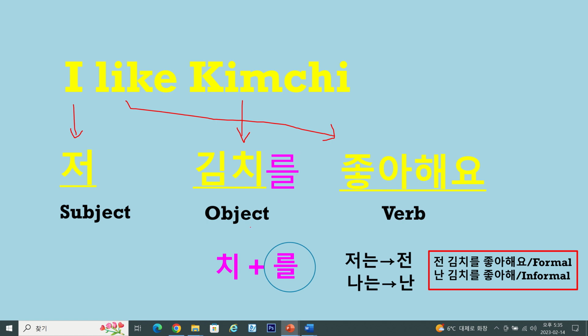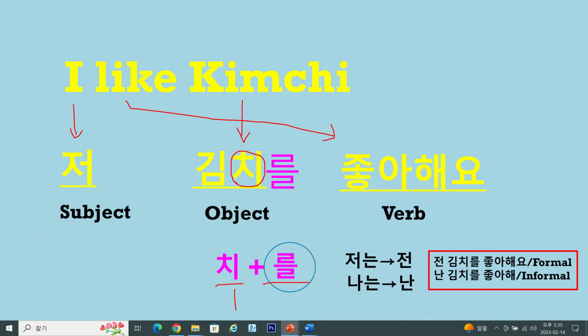So when to use particle 를? As you see, the word 김치, the last syllable 치, ends with a vowel. So in this case, you use particle 를.